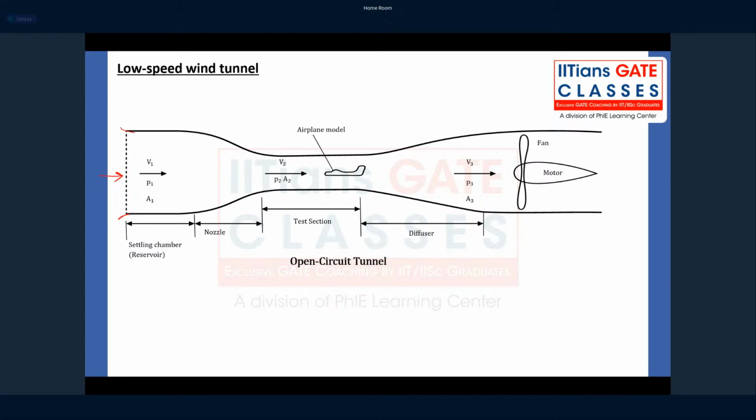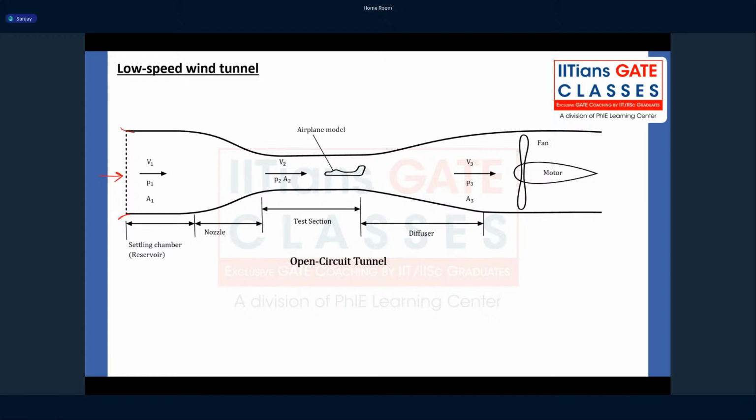This wind tunnel is basically run by the so-called fan, which is mounted at the rear of the wind tunnel. Have you seen a wind tunnel, a low speed wind tunnel, in your college? Low speed or high speed wind tunnels, at least aero guys must have seen, I guess.